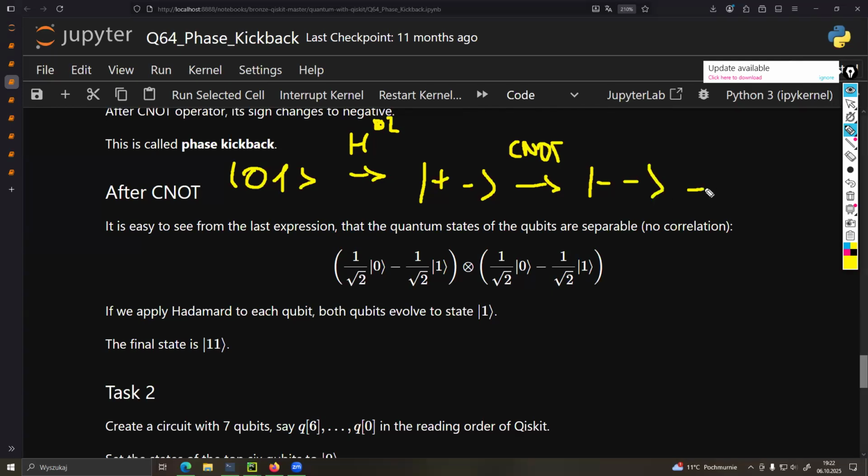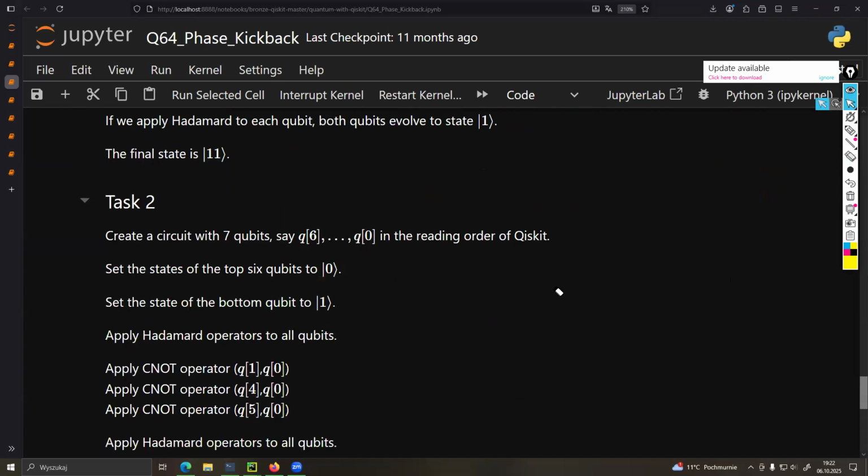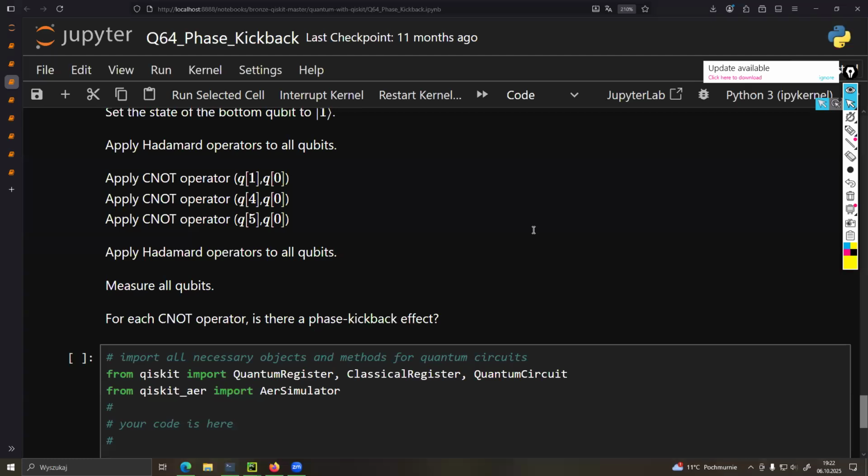And now, after applying H tensor 2 again, I have 1, 1. This is something that we do not really expect at first, but it does make sense. For example, Grover's algorithm uses this phase kickback very heavily. This is why it is so important to understand it.